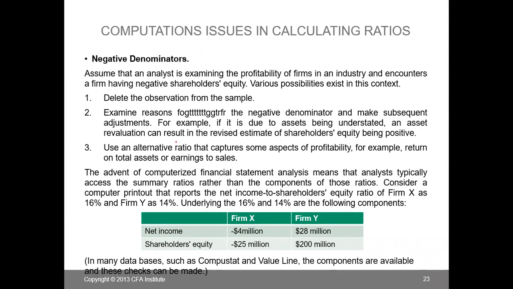Okay, so the first thing we would like to highlight is the negative denominator. Say for example, you have the profit as a numerator and the denominator is shareholders' equity, and the profit is positive, but shareholders' equity is negative.